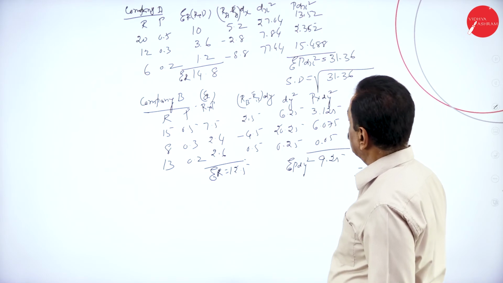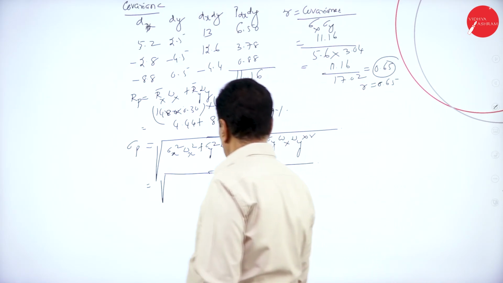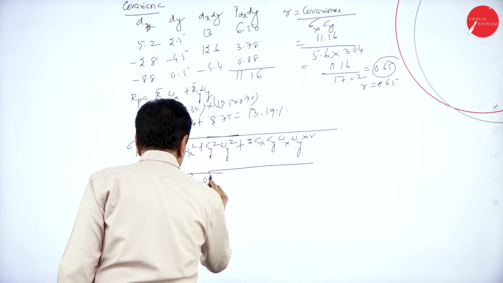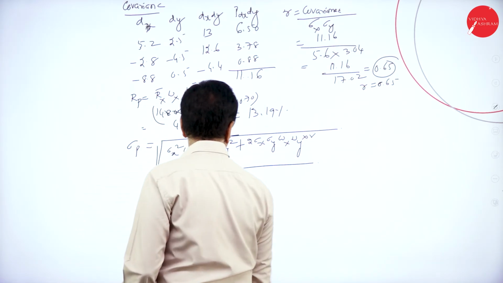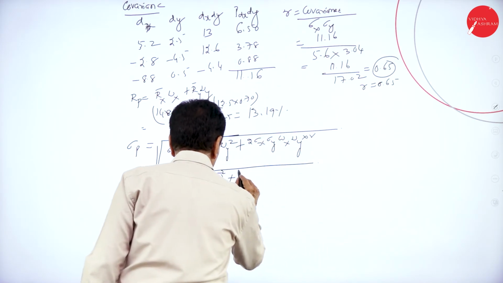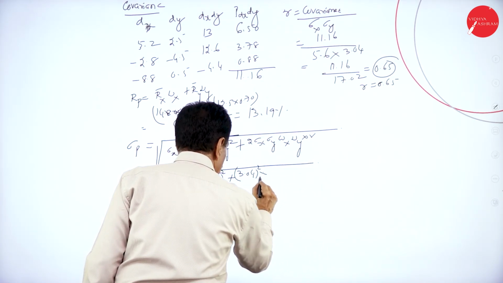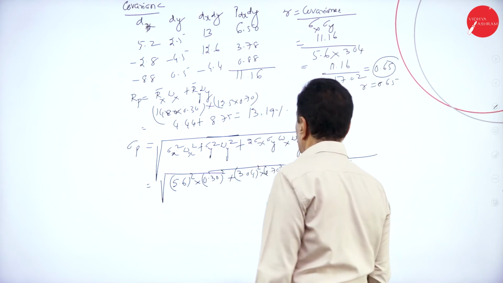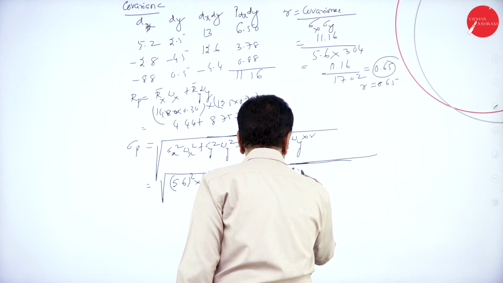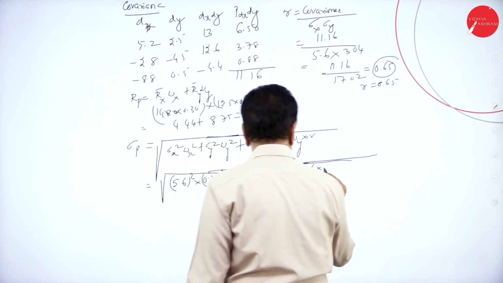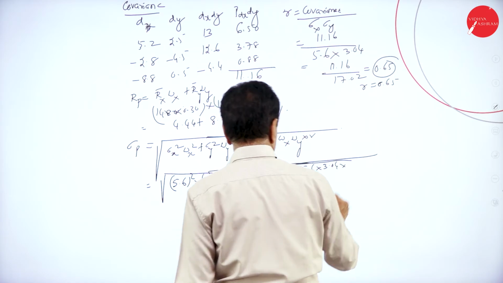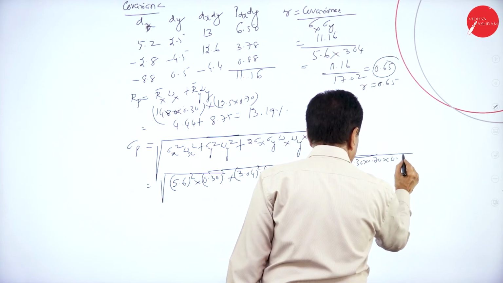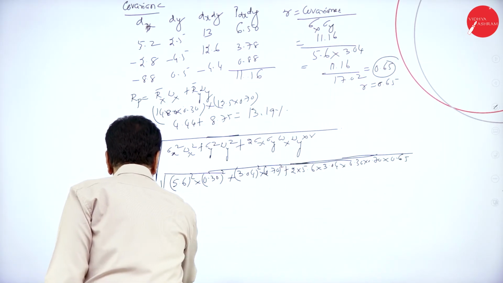What's your standard deviation x? 5.6 whole square into weight 0.3 whole square plus 3.04 whole square into 0.70 whole square plus 2 into 5.6, 3.04, into 0.30, 0.70, into 0.65.